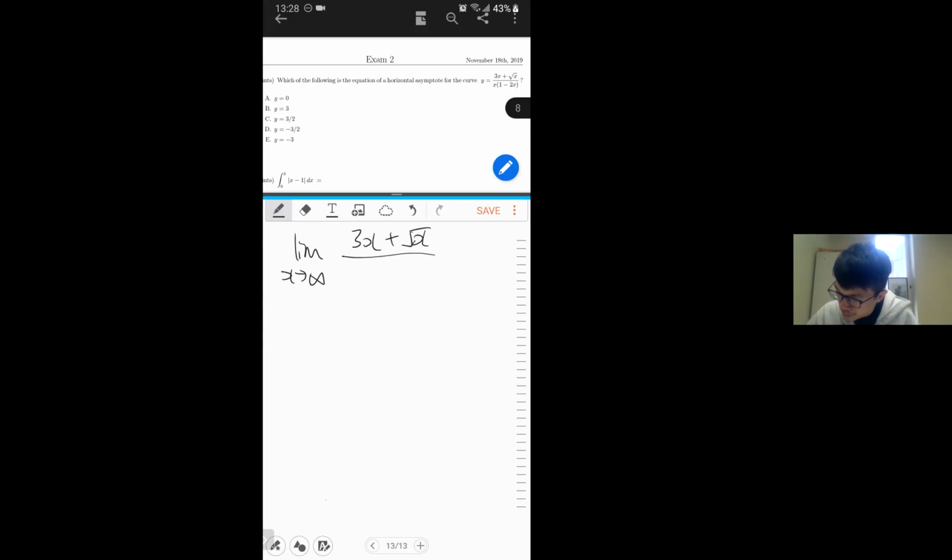And Derek was correct. So you need to compute the limit like this. We only need the highest degree terms on top and bottom. So the highest degree term on top should be 3x. The highest degree term on the bottom is negative x squared. Does everyone see that? Once you multiply x and x and 1 minus x, you see that the highest degree term at the bottom is negative x squared, and the highest degree on top is 3x.